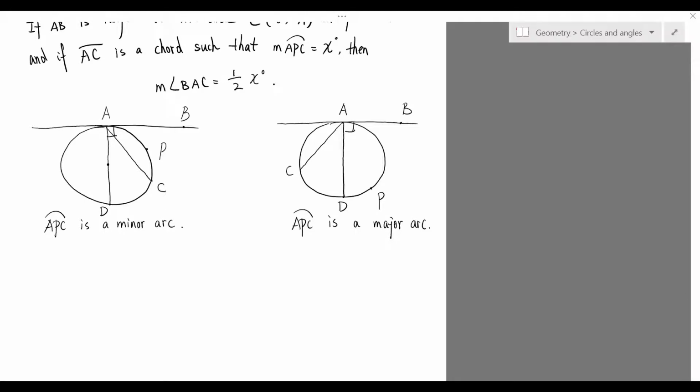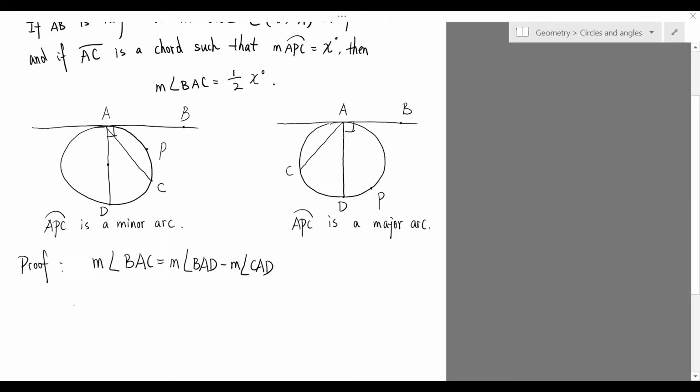Now, with this at hand, we could go ahead to do the following deduction. Observe that the angle BAC is in fact equal to the difference of the angle BAD and the angle CAD.